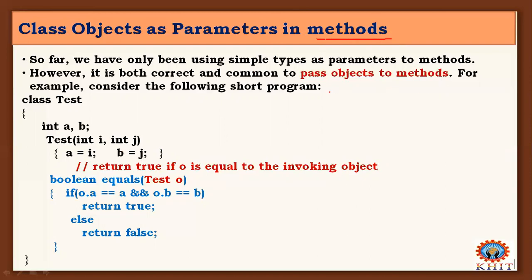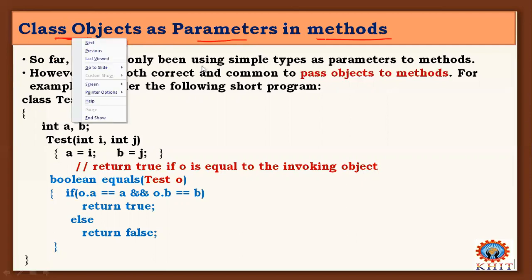Here it is a different case. We are mentioning objects of the class as the parameters of a method, not plain values or data.